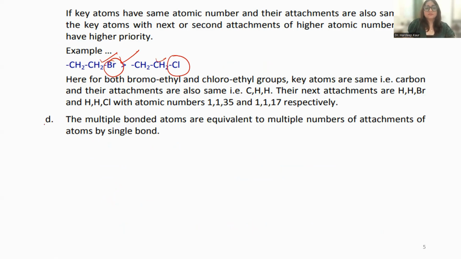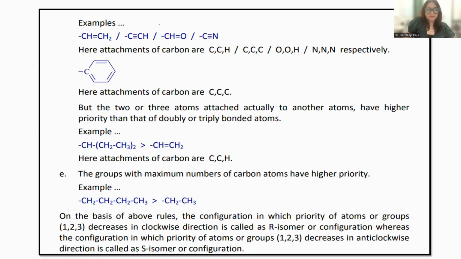Sometimes multiple bonded atoms are equivalent to multiple attachments by single bonds, so you have to learn this too. There is a double bond, a double bond, a triple bond, a double bond, but what type of attachment is there? Here they are attached with carbon, carbon, carbon, hydrogen.